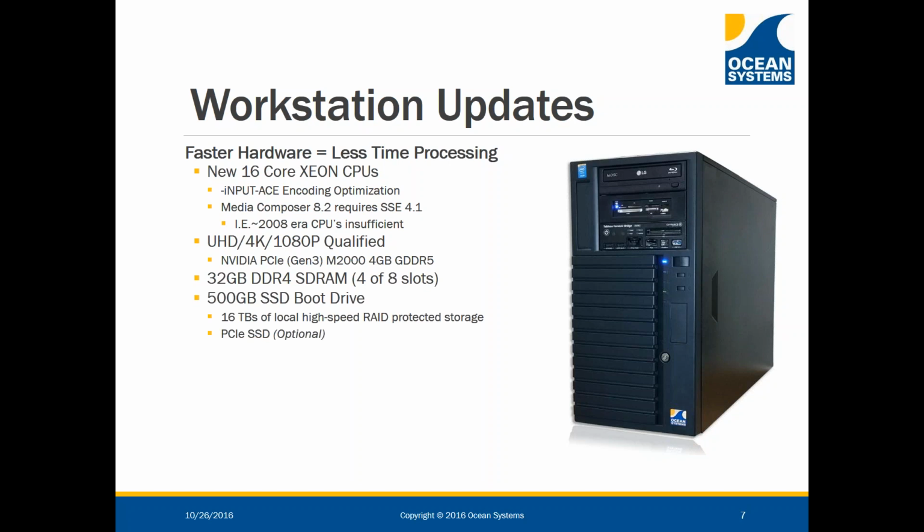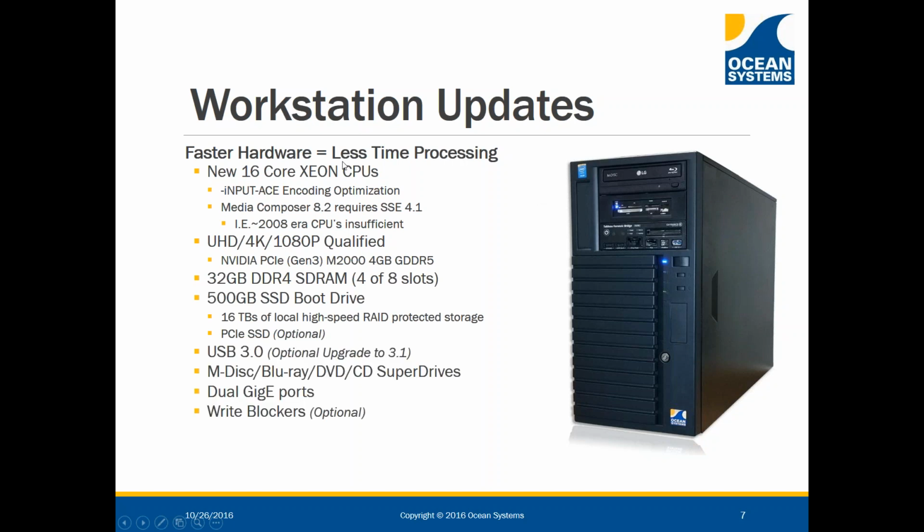All of our systems have been UHD 4K qualified for years. We're on NVIDIA PCI Gen 3 graphics, M2000, 4 gig, just a default. Most of these listed up here are just our default configurations, with tons of options available.